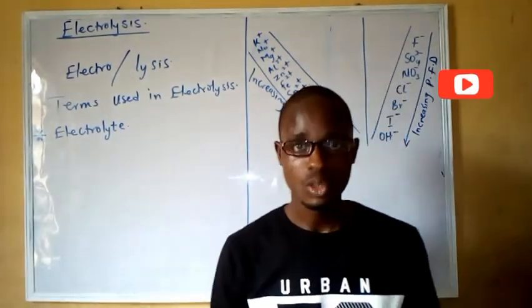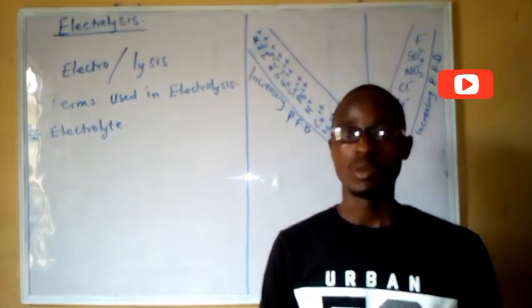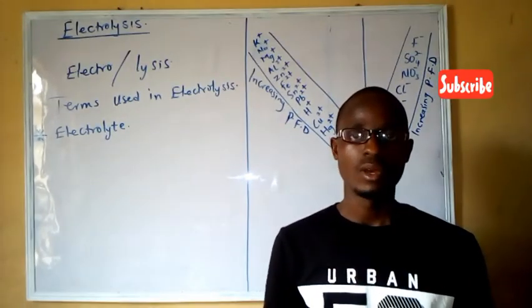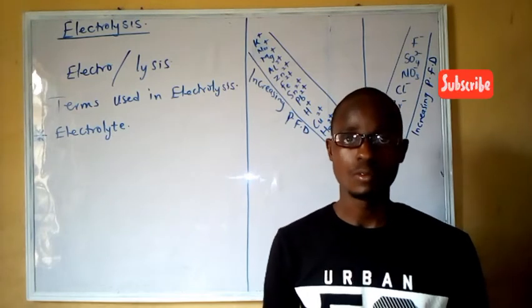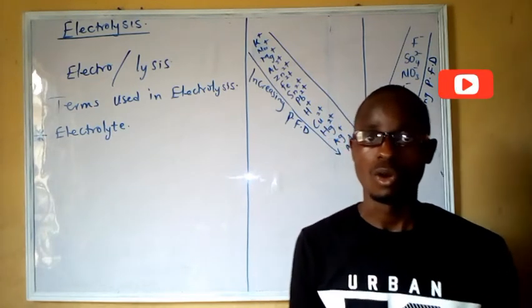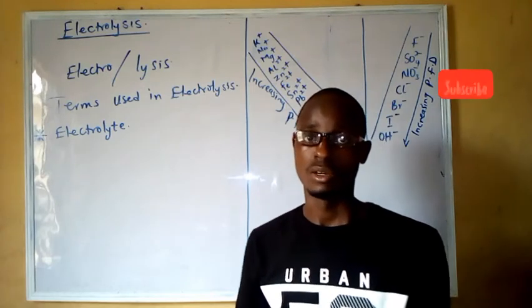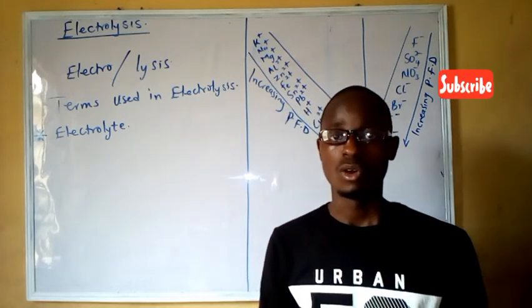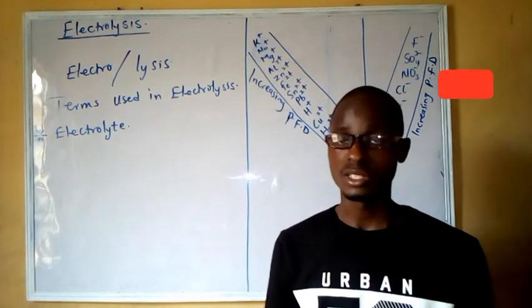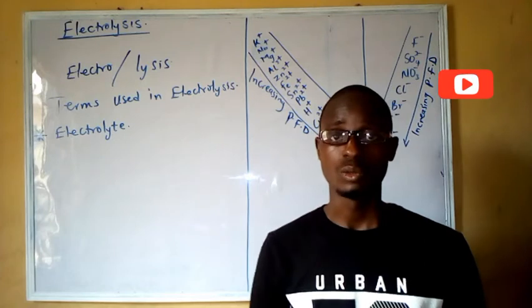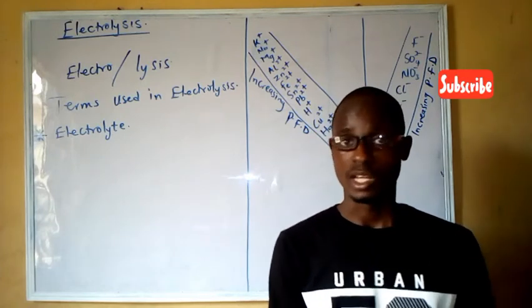An electrolyte is a substance which, when it is in the solid state, doesn't conduct electricity. But once it is dissolved in solution, or it is in its molten form, if it is a material that can be dissolved in water or in any other solution, then it becomes an electrolyte.